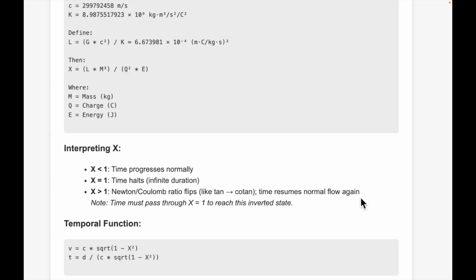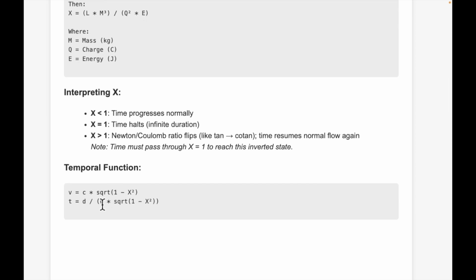So what we're trying to do is get x to pass through that equals 1 point, which it's going to do if it flips the other way around. And we end up with the time stretching out to infinity. See, if x equals 1, you square it, subtract it from 1, you get a 0 in the denominator, making time stretch out to infinity.